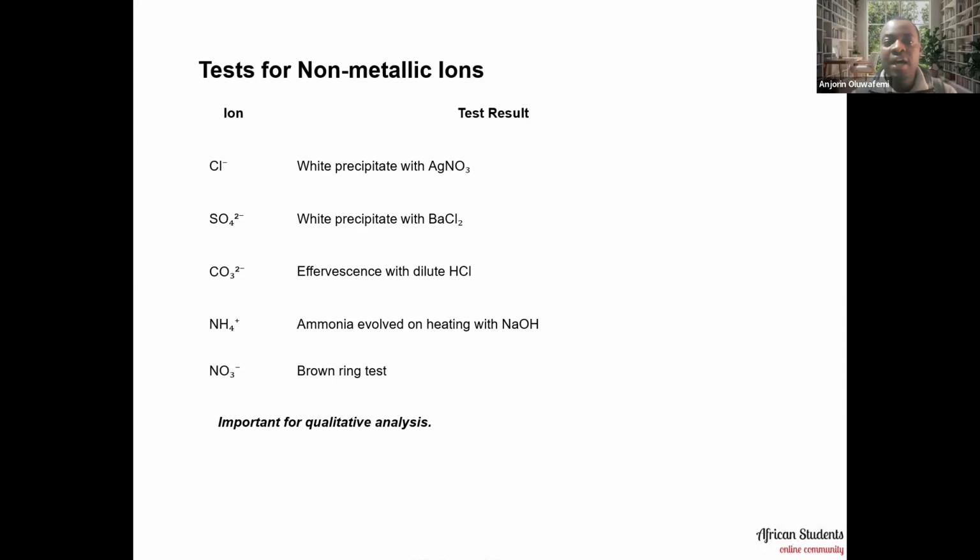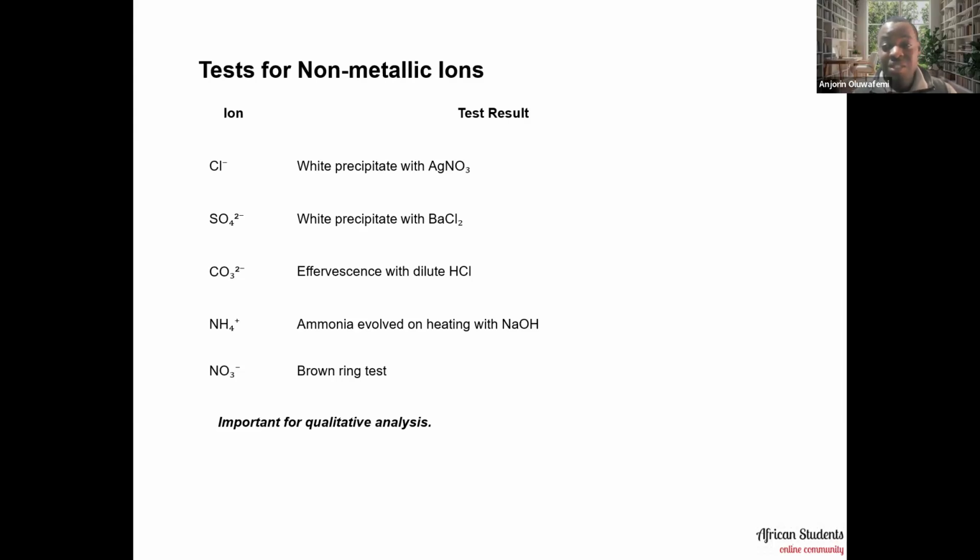Then sulfate ion, on the other hand, is another non-metallic ion, and this one gives a white precipitate with barium chloride. So when you react any substance that contains sulfate ion with barium chloride, it will give us a white precipitate. CO3, carbonate ion, we notice an effervescence when it is reacted with dilute HCl.